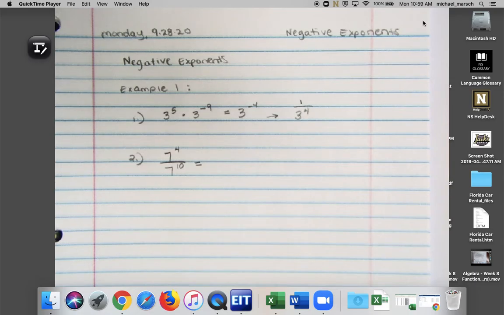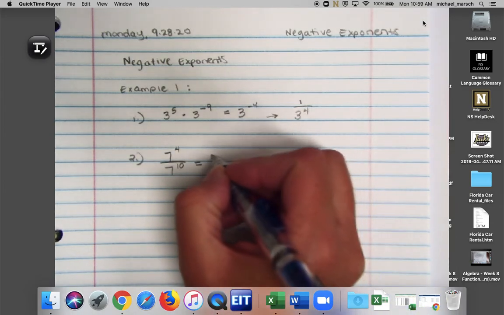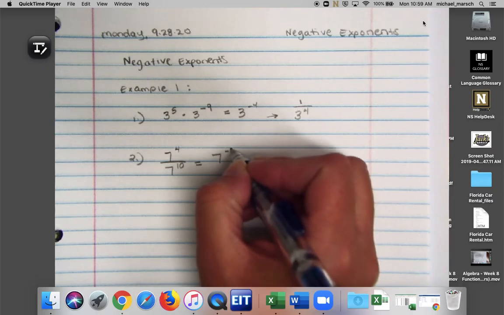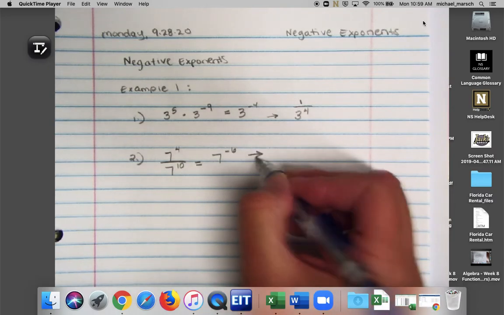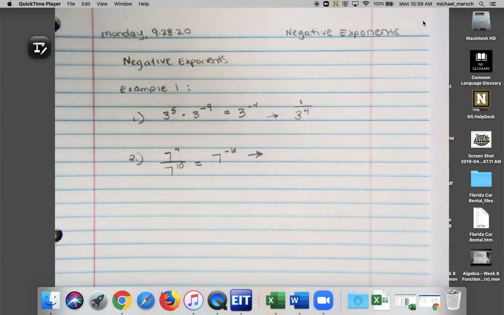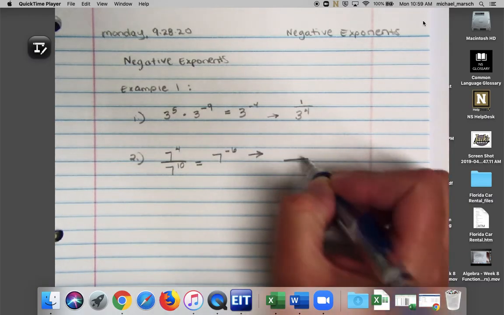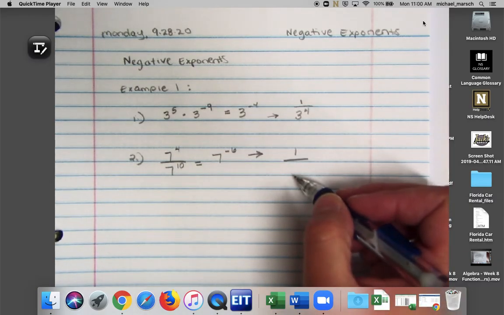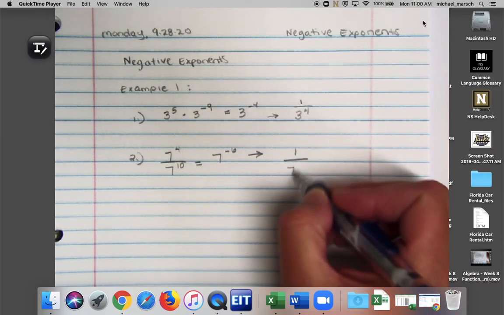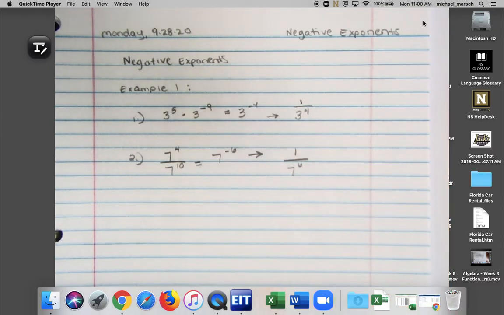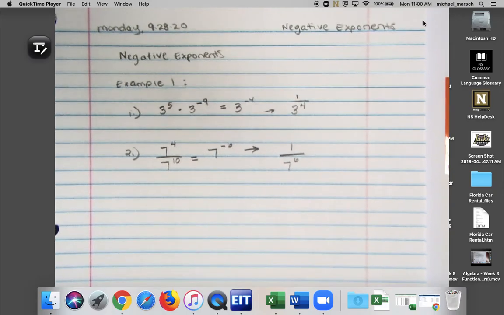I keep the base the same, but I subtract: 4 minus 10, and I'm going to get 7 to the negative 6th, which is not mathematically correct. So what do I need to transform that into? A fraction. What's my numerator going to be? 1. And what will my denominator be? 7 to the 6th. Right?